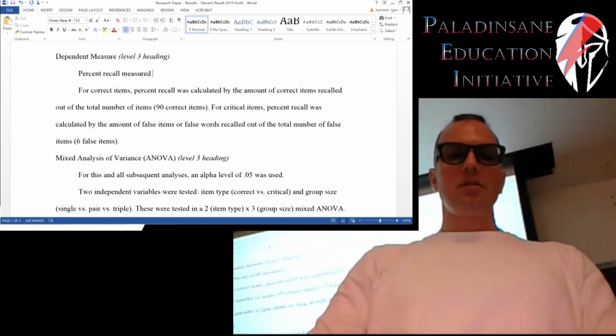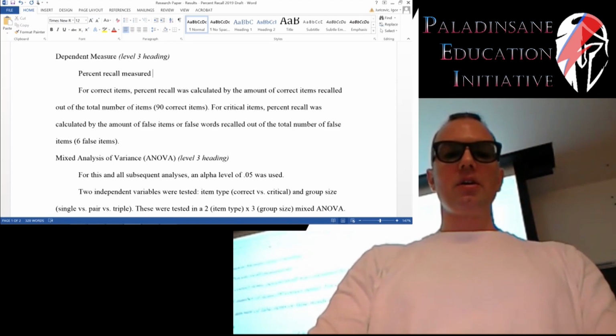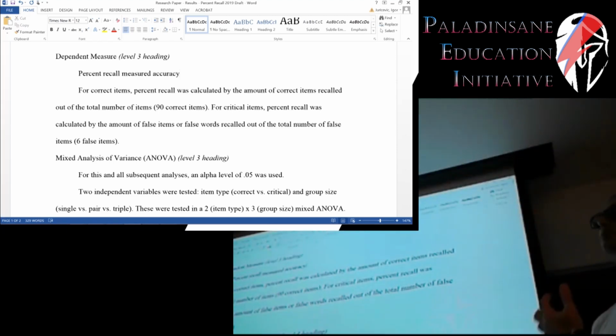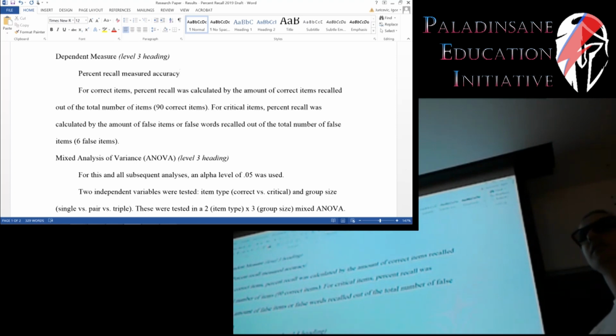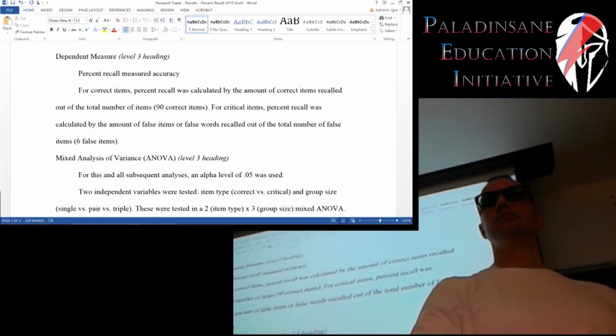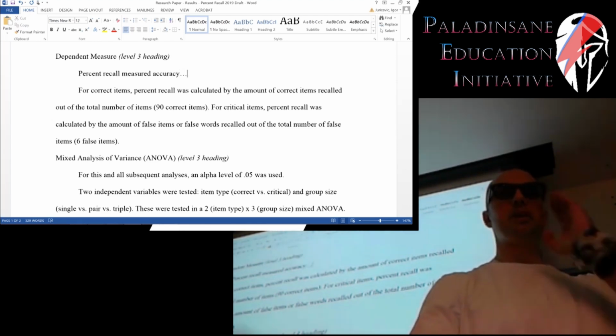Accuracy. So we can write: percent recall measured accuracy. All right. Got to add a little bit more. Okay, so I don't want to spend too much time on this.